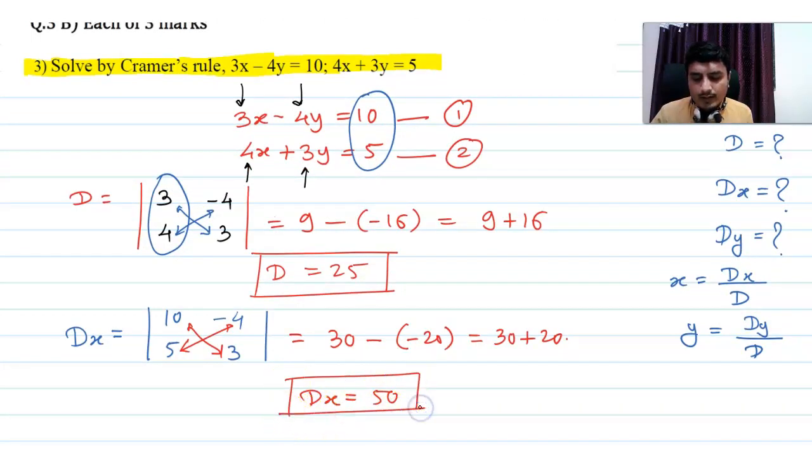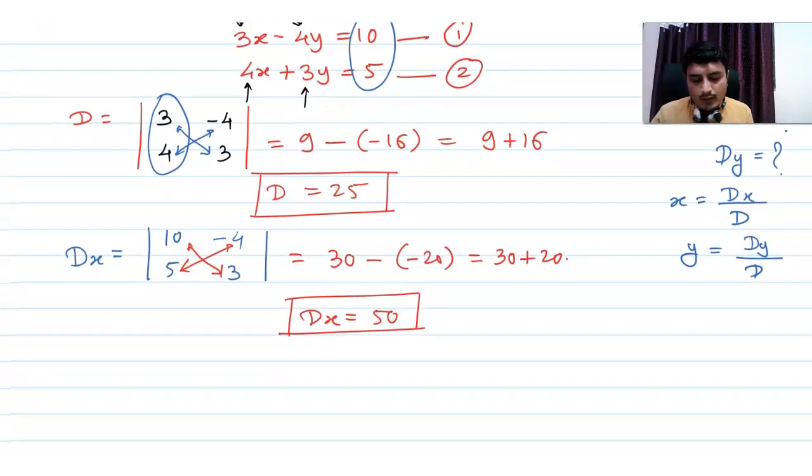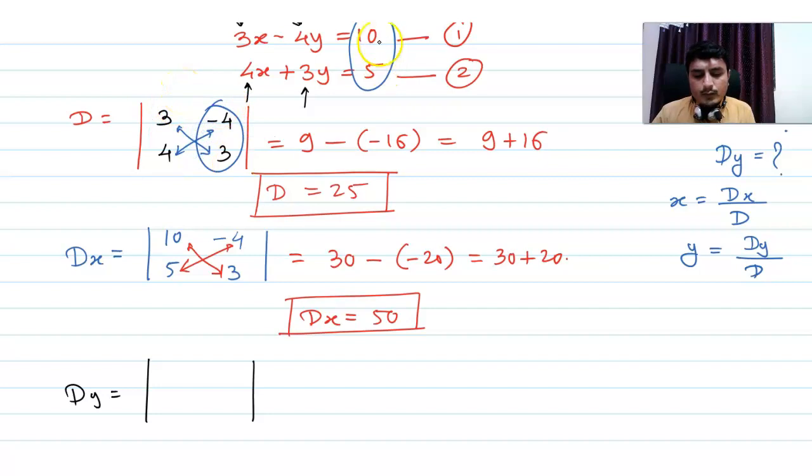Now to evaluate the value of Dy, what shall we have to do? Look carefully at the entries under Dy. The coefficients of variable y from D we have to replace by the constants 10 and 5. So I am writing the second column first, that is 10 and 5 for Dy.